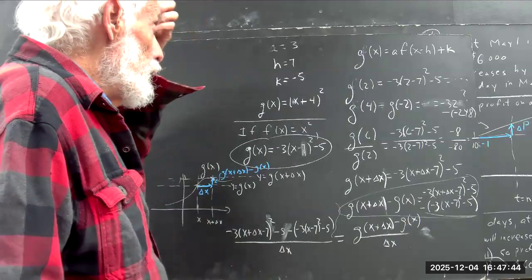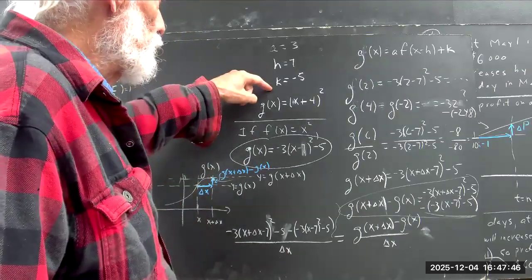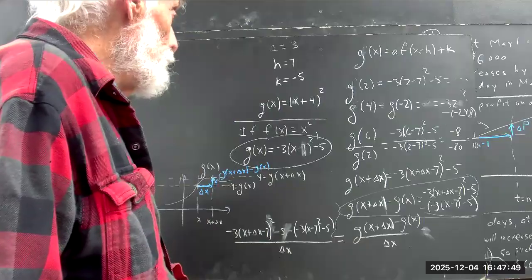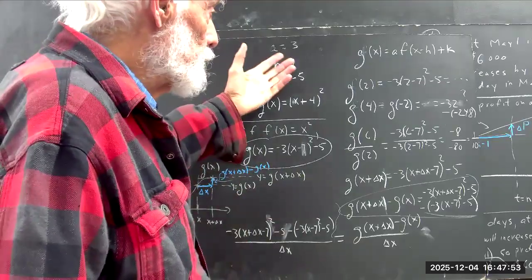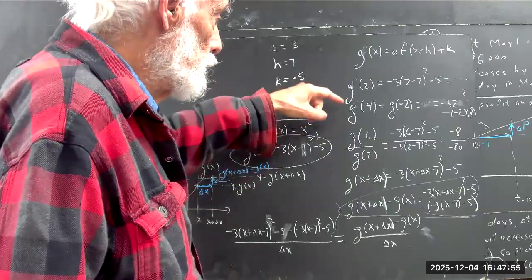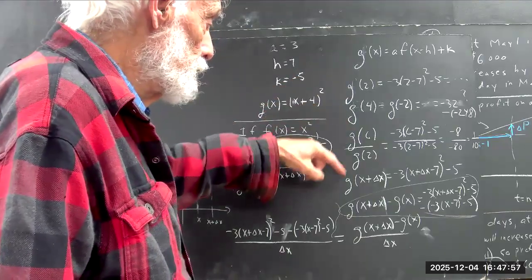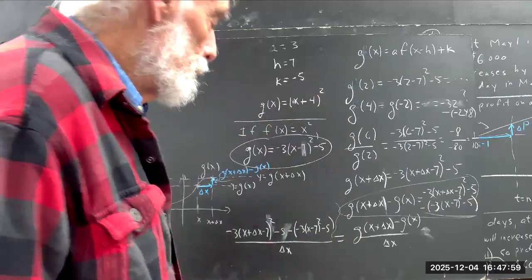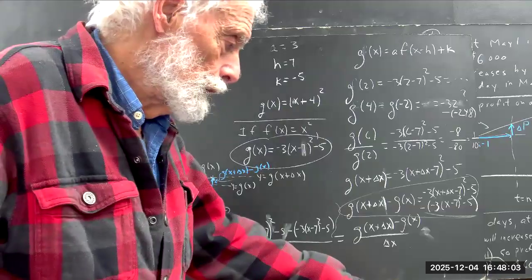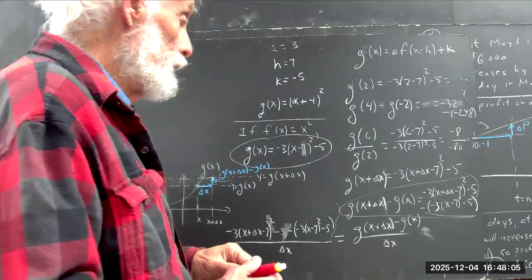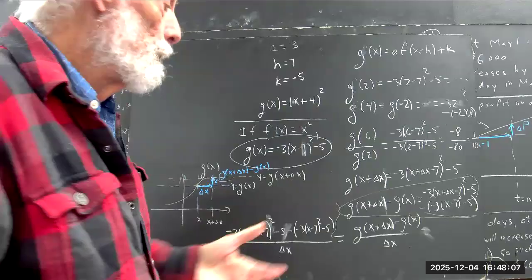Then I said, well, let h equal 7, let k equal -5, and see what function you get, and then evaluate g of 2, g of 4, g of 6 over g of 2, etc. So I kind of recommend that as an exercise using different toolkit functions.